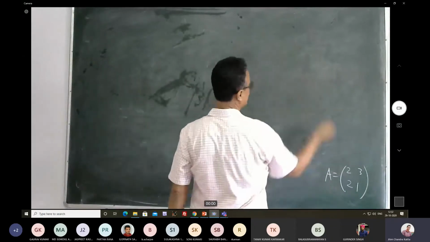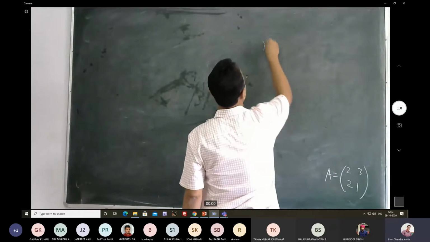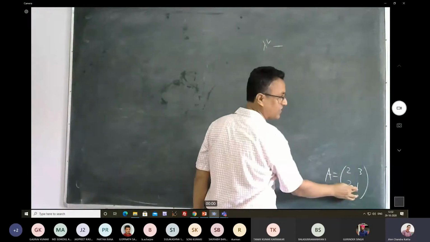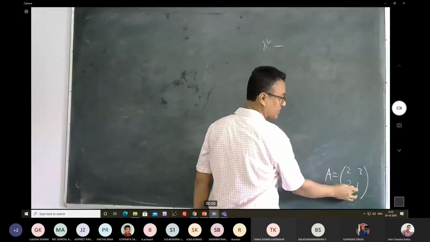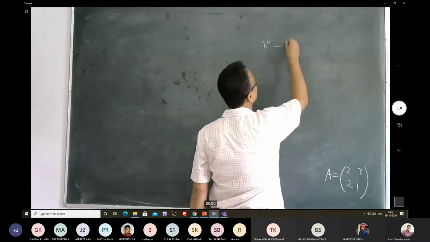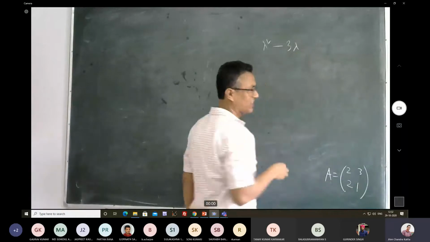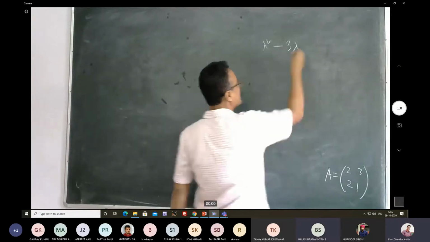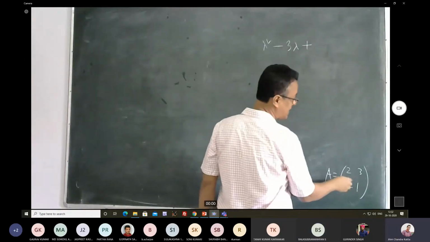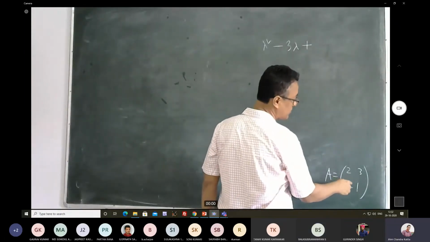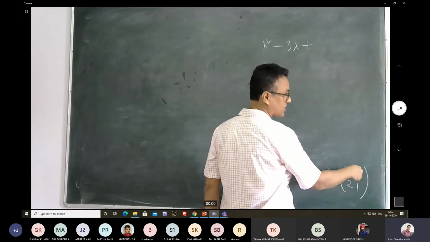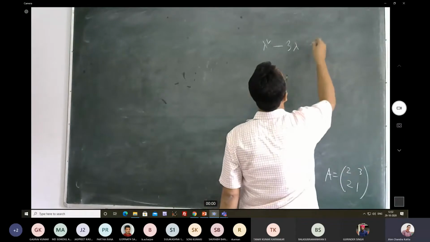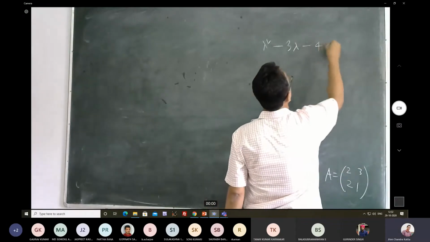You know that here the characteristic equation is lambda square minus tau, where tau is 2 plus 1, plus delta. Delta is 2 into minus 6, that is minus 4, equal to 0.